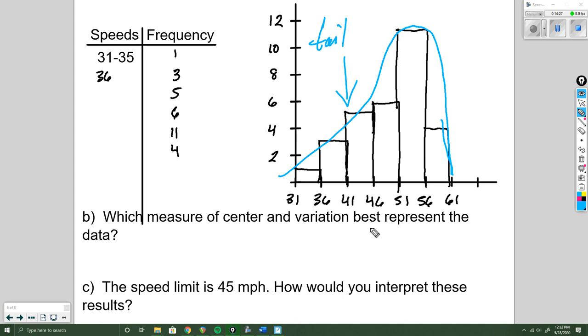All right, so which measure of center and variation best represents the data? Well, that's based on the type of distribution we have. Since this is skewed, the measure of center and variation that best represents the data would be the median and 5-number summary, from what we've learned so far.